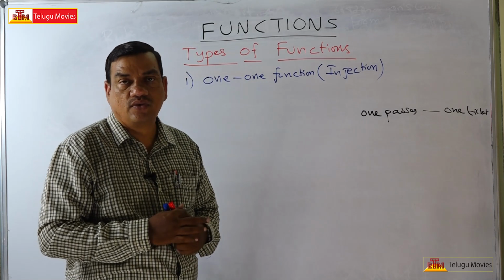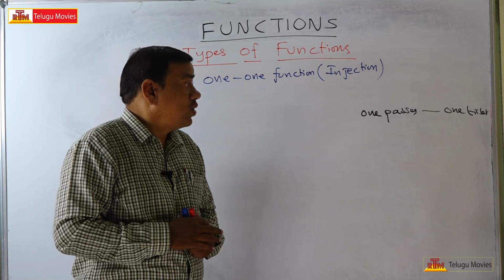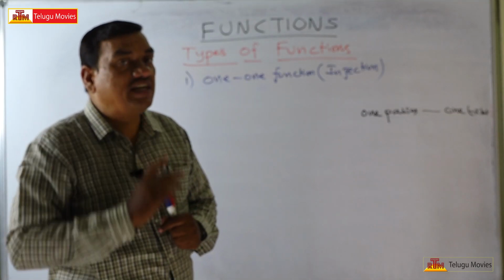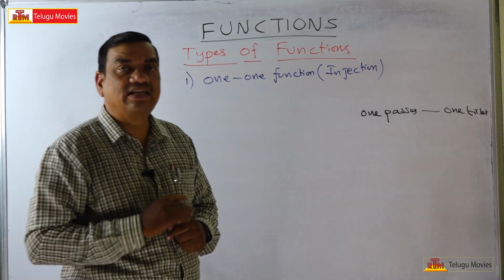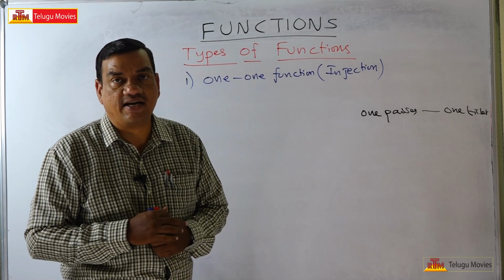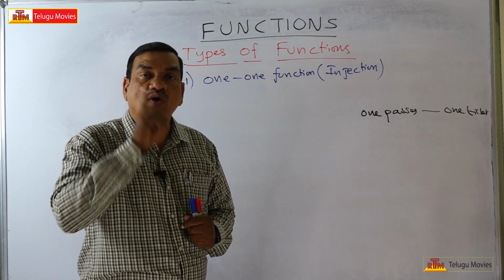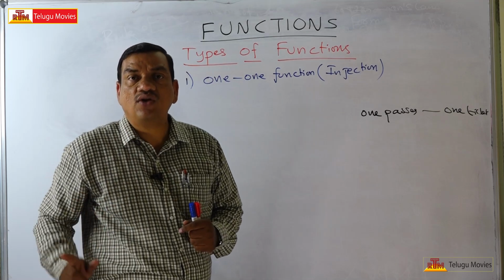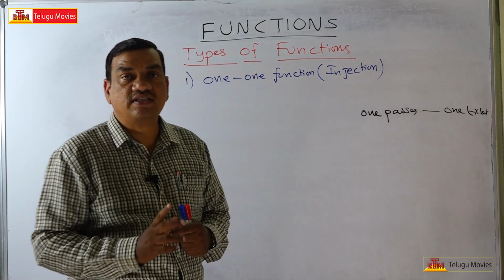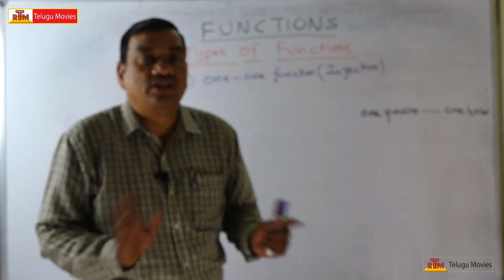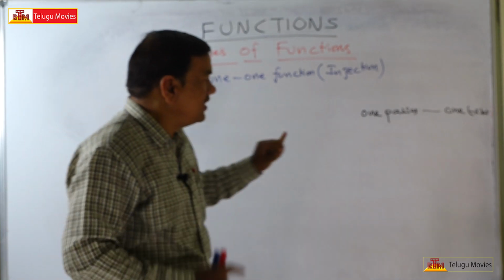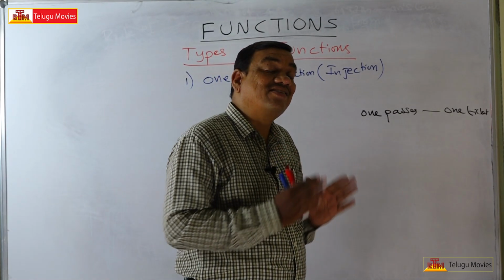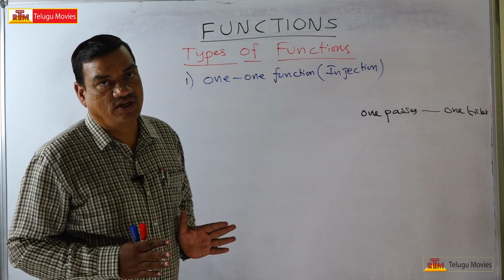any flight. Will one passenger get two tickets? No, you cannot get. One passenger has to get only one ticket. Why? Because for him only one seat will be reserved. One passenger cannot reserve two seats. That means one ticket for one passenger. It is clearly a one-one function.